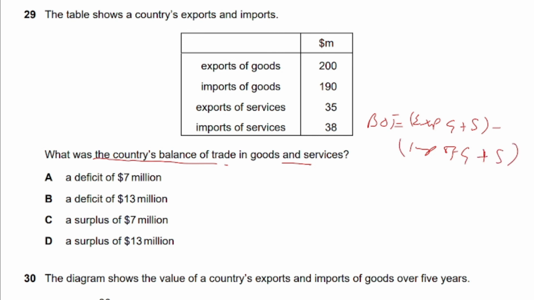So you can use this formula. Export of goods is 200, export of services is 35, minus import of goods is 190 plus import of services is 38. If you solve it, you can use a calculator as well. The answer is plus 7. When the answer is positive, it is called a surplus. So C is the correct answer, a surplus of $7 million.